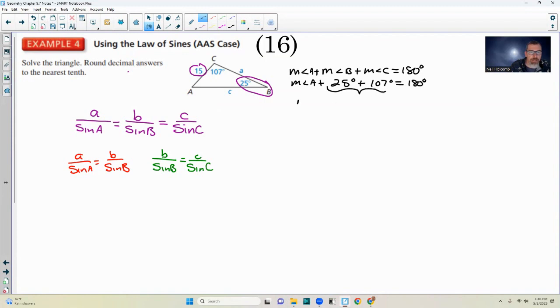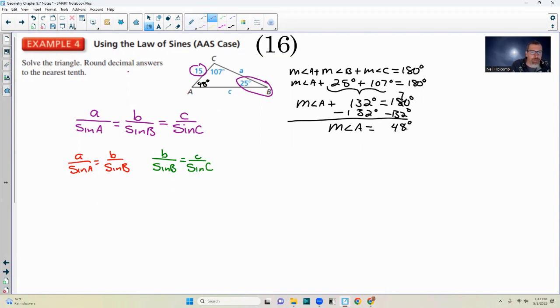Combine like terms: 25 plus 107 is 132, so angle A plus 132 equals 180 degrees. Subtract 132 degrees from both sides and I get the measure of angle A equals 48 degrees.